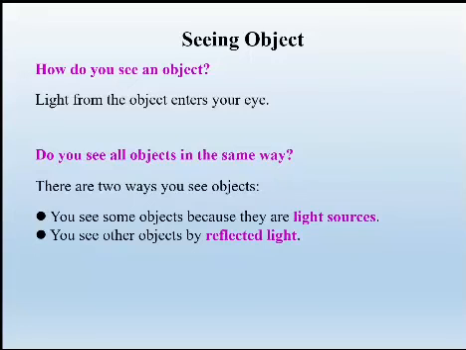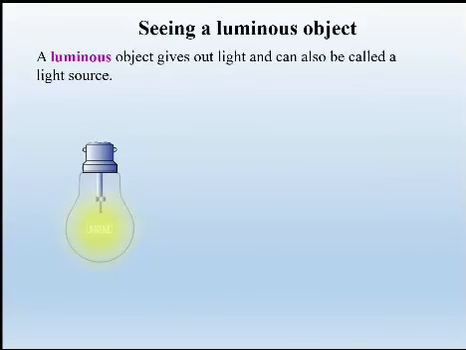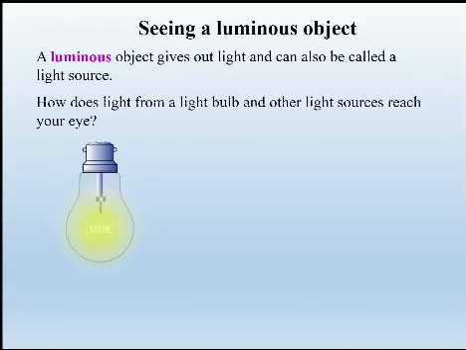Now we are going to see it with an example. Seeing a luminous object. What is a luminous object? A luminous object gives out light and can also be called a light source, which has its own light. A light bulb is an example of a luminous object.